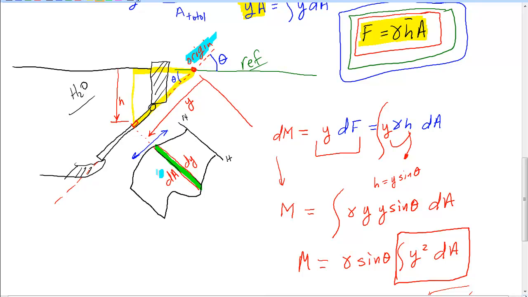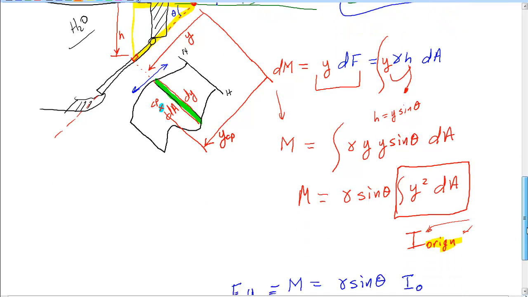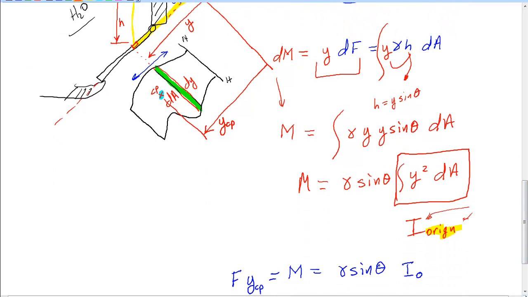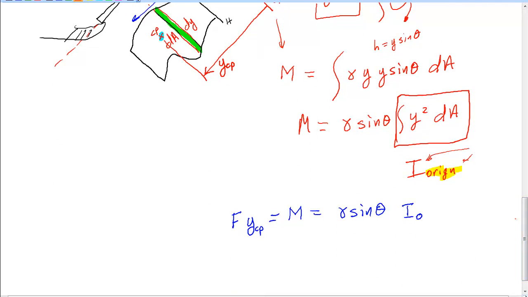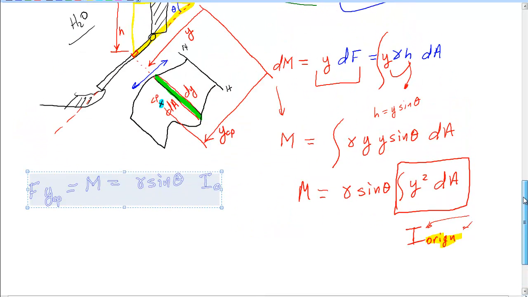The blue is maybe the location where the center of pressure is. What I mean by that, that's the location of the load. This down to here would be y center of pressure. So it is the distance down to that center of pressure. And I'll even take this equation, move it up here, and we'll continue from over on this side.